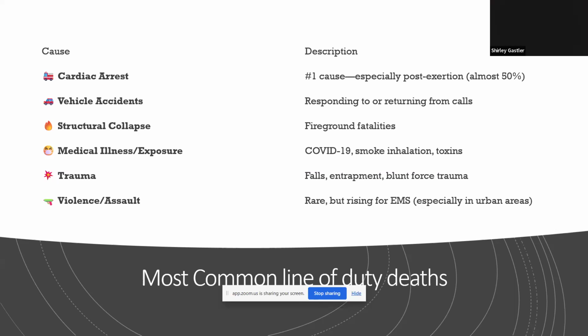But know that not using your lights and sirens doesn't have any effect on patient outcomes, doesn't have any effect on time to hospital. But using lights and sirens does have a higher incidence of fatalities with the patient, but also with us. So be mindful of the times when to use them and times when not to. Usually we try to shoot for like 5 to 7% of the time using lights and sirens. So something to keep an eye on.